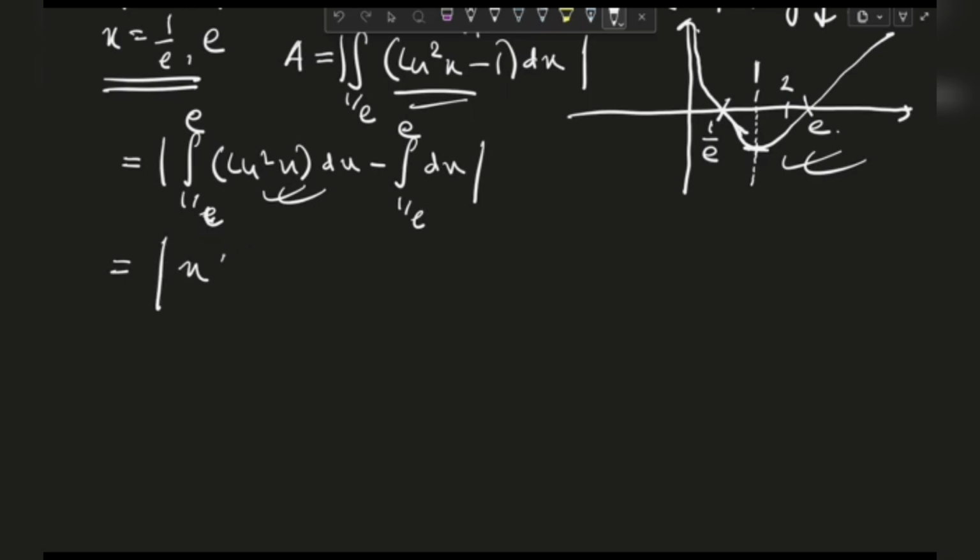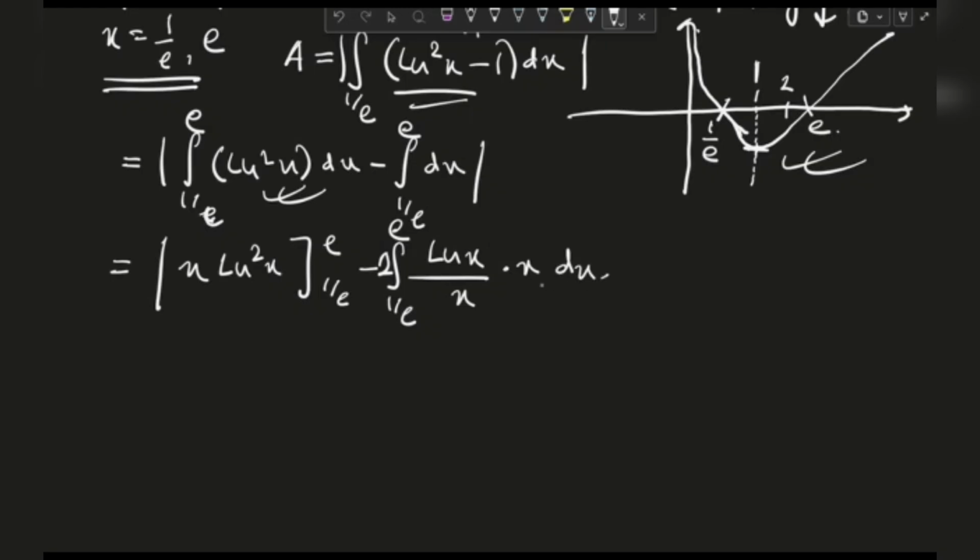This thing becomes pretty simple by parts. I'm not explaining much. x ln²x from e to 1 by e minus integral from 1 by e to e, and if we differentiate ln²x, this comes out to be 2 outside we keep, and ln x by x, and also multiplied by the x already present, dx. So that's it, and now this and this get cancelled, and we have here minus integral from 1 by e to e of dx.